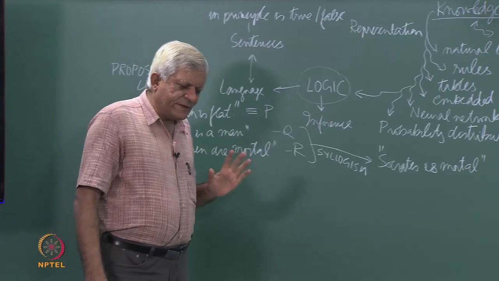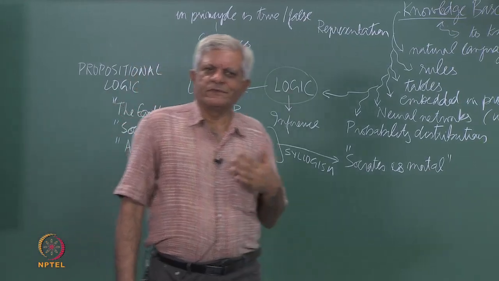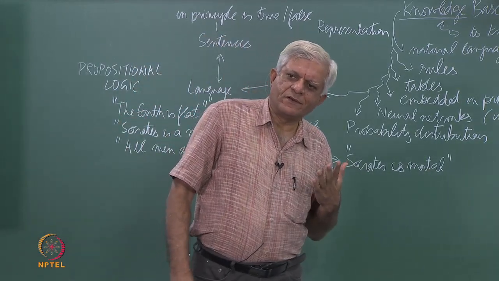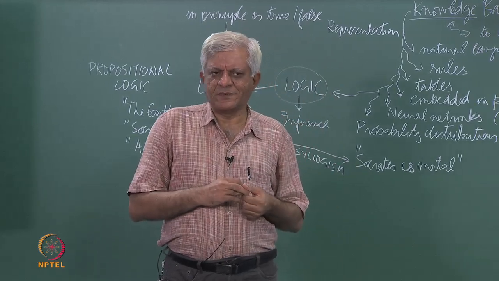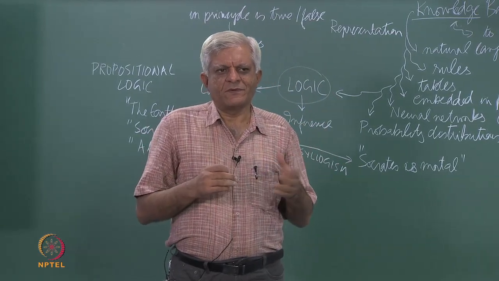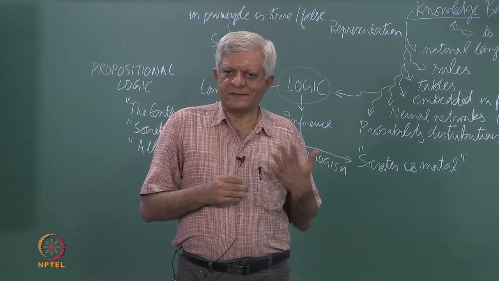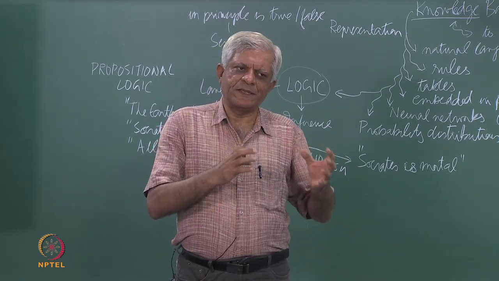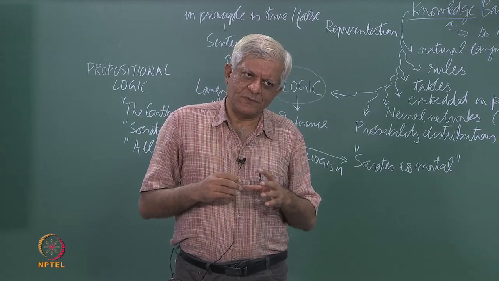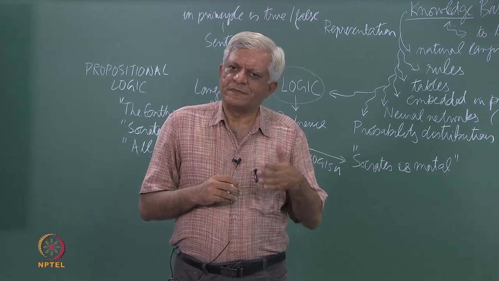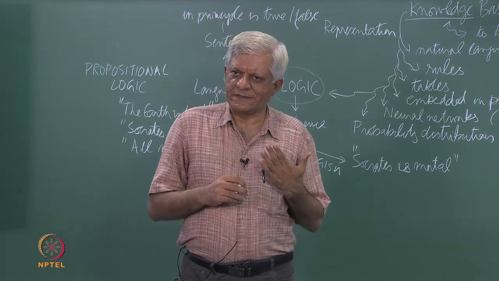In fact, reasoning is the motivation for which logics were invented in the first place essentially, because people wanted to say that we do not want to argue about truth values of statements essentially. If you know something is true and something else is true and something else is true, we should be able to infer that something else is true.